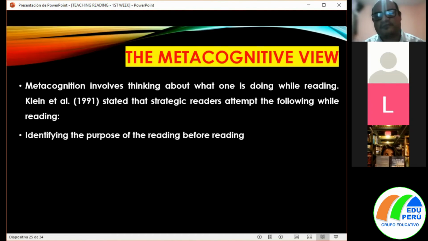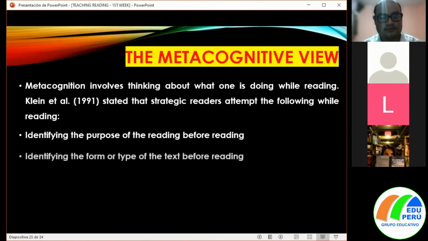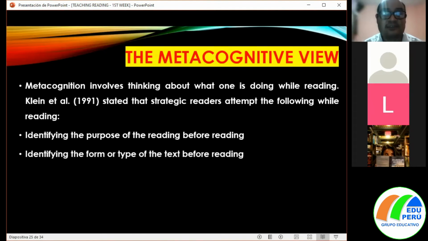Identifying the purpose of the reading before reading. What is the purpose? What is the intention? Why am I going to read that? Identifying the form or type of the text before reading.